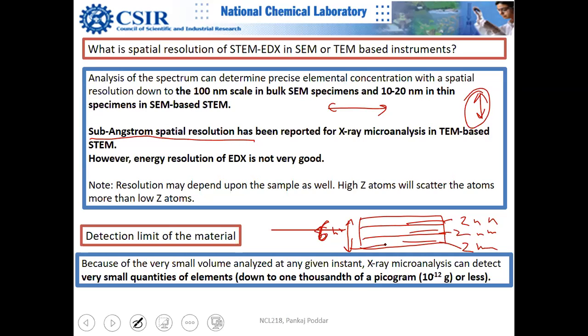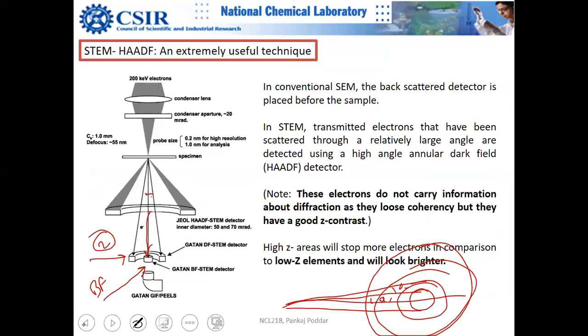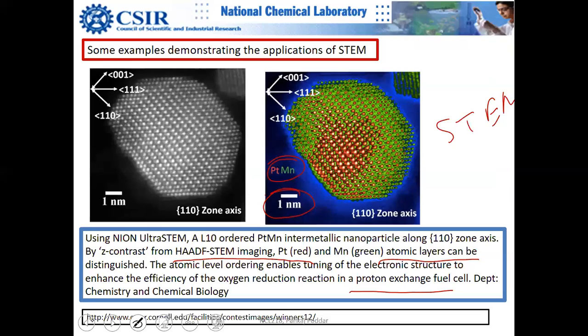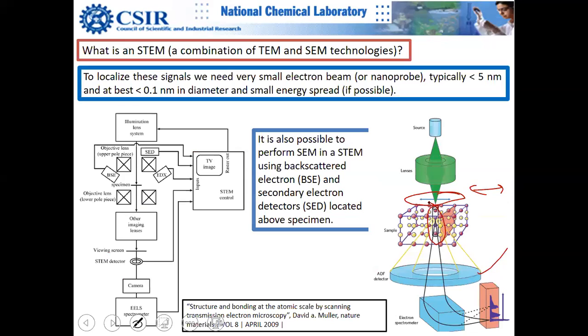So that is the problem, that this EDAX gives you, even if you can take nano probe, but this beam size is quite deep actually for X-ray photons. So please be very careful.